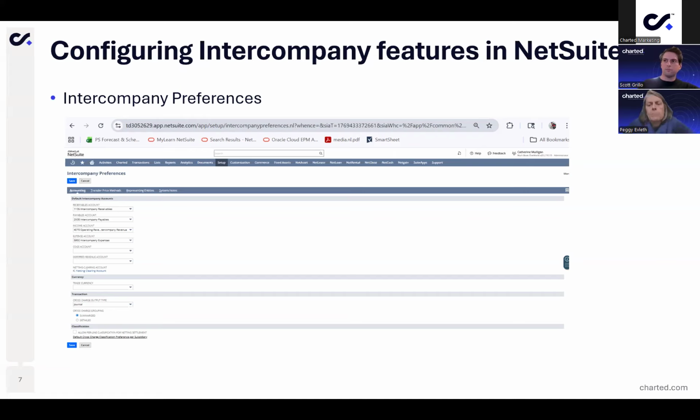So my first line can be with company one, debit, whatever account. My second line is company two, credit, whatever account. Then I hit that auto balance button and it fills in the due to due froms. It also flags them to eliminate. Again, really important stuff.